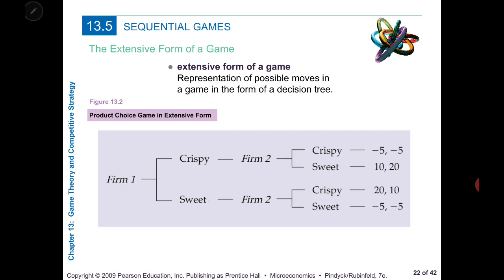So let's say in this example, firm 1 can choose crispy or sweet. Same thing, this is the cereal case again. And if they choose crispy, firm 2 can decide to produce crispy or sweet with this outcome. If firm 1 chooses sweet, then firm 2 can again produce either crispy or sweet with these outcomes.